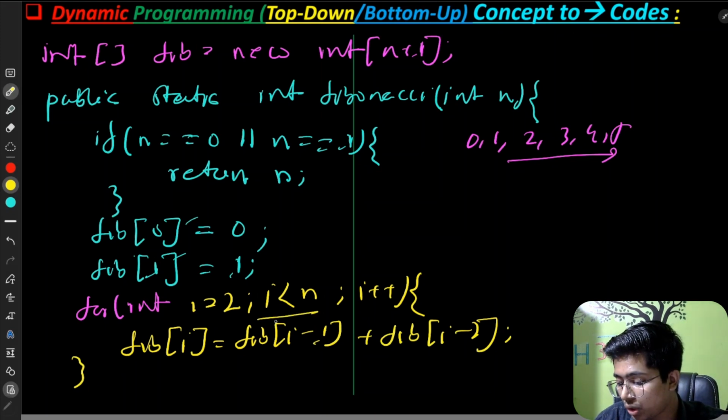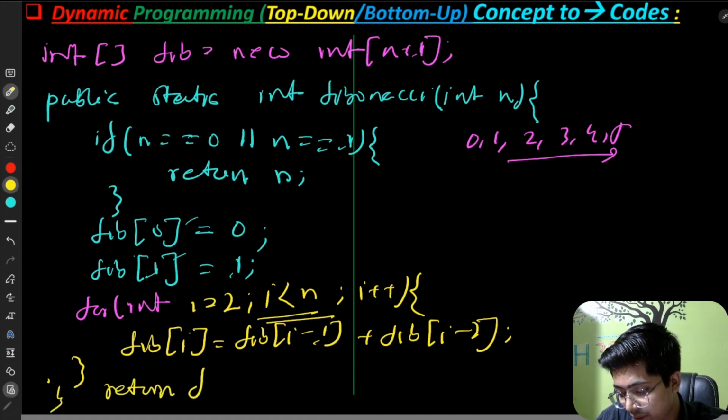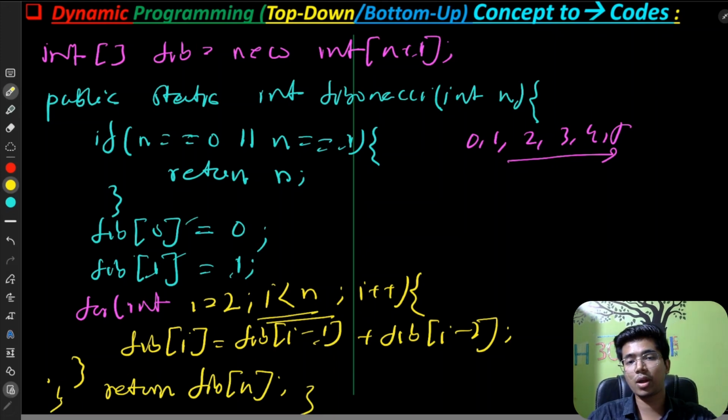So this will run up to the value of n, and at the end we will get the Fibonacci from here. So after the loop ends, we'll simply return Fibonacci of n, and this will construct the Fibonacci series.